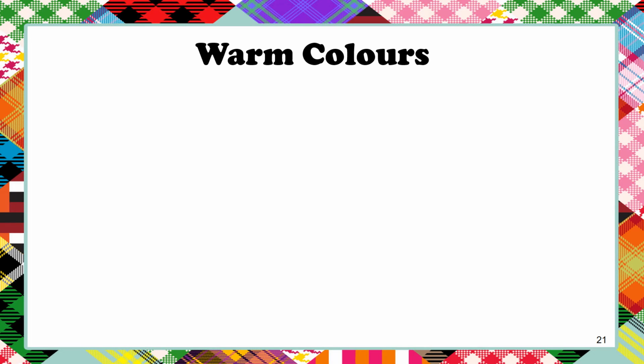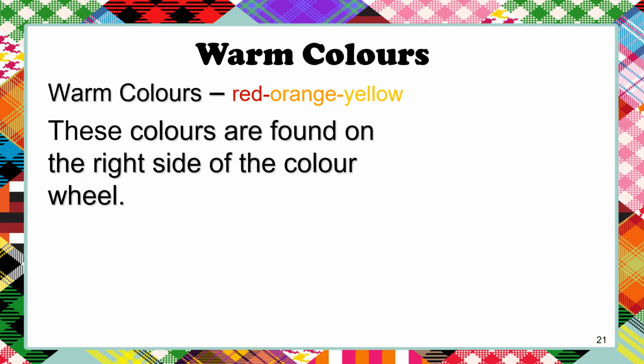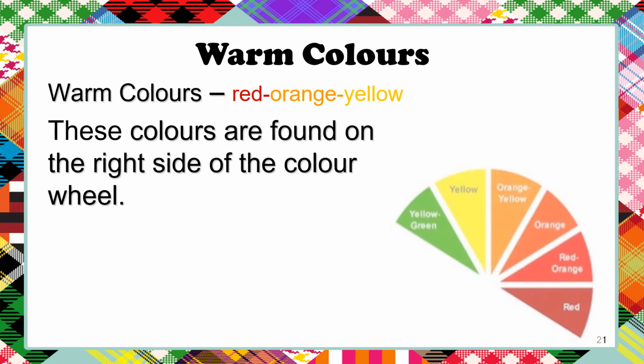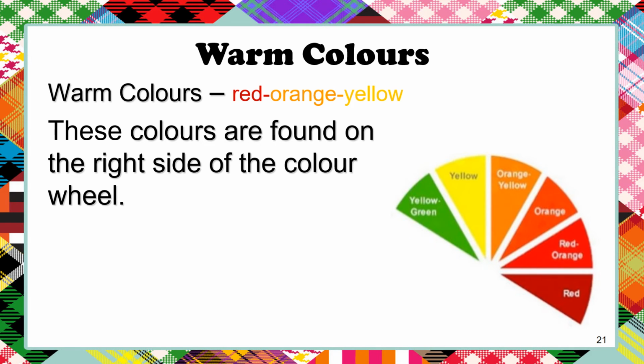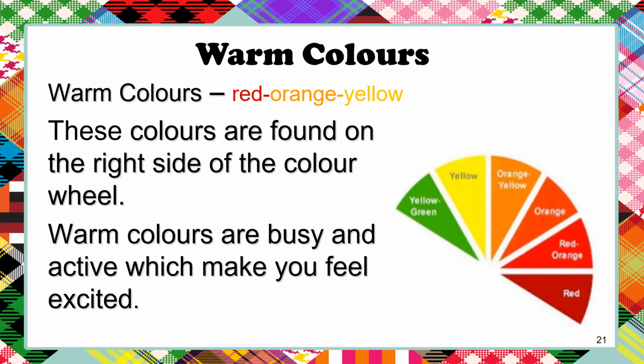What are warm colors? Warm colors are red, orange, and yellow. These colors are found on the right side of your color wheel. Warm colors are very busy and attractive, which makes you feel excited.